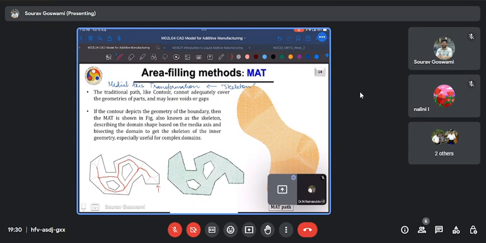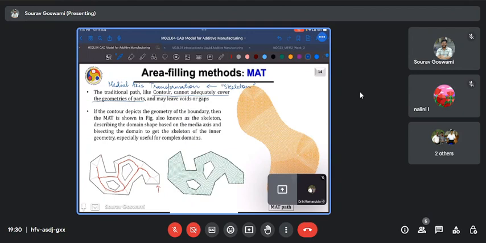So, yeah, it had biological origins, and it is especially useful because traditional methods like contour cannot adequately cover the geometries of parts, especially when they are complex. We saw in the last slide how they may leave voids or gaps.